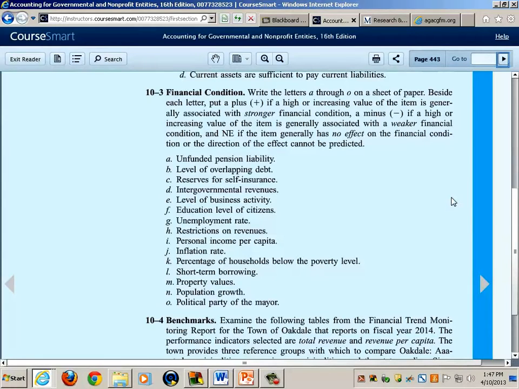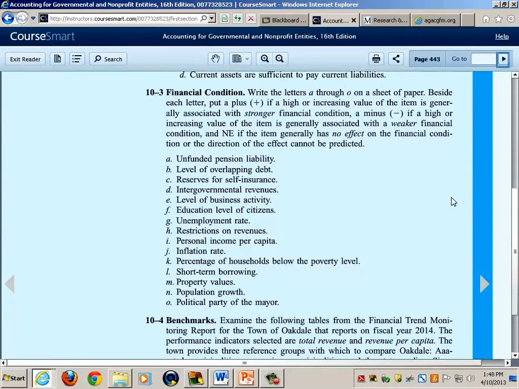Okay. Education level of citizens. Now we're getting into, and people can argue about this, but what do you think generally? Plus. Unemployment rate, plus or minus? Remember, unemployment rate, so it's minus, right? Not employment rate, but unemployment rate. Restrictions on revenues, plus or minus? Excellent. Personal income per capita, plus or minus?